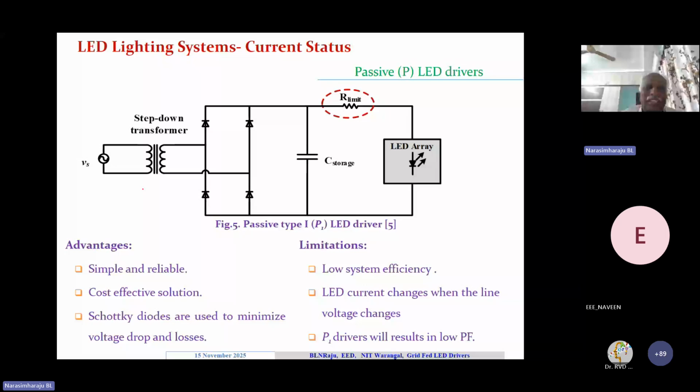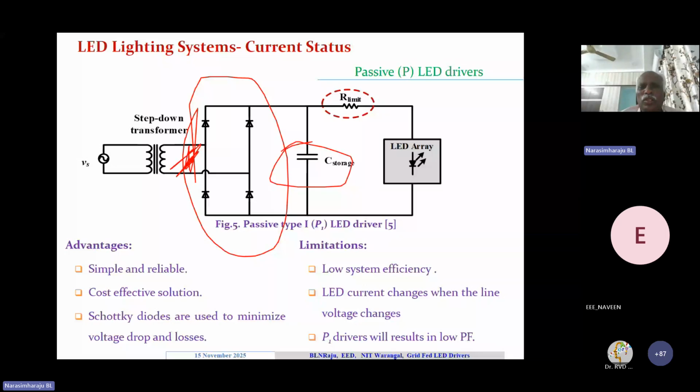What they do is simply step down the AC voltage with a step down transformer of the power frequency, followed by an uncontrolled rectifier bridge with a large capacitor, and, to limit the huge current, a very high value current limiting resistor.